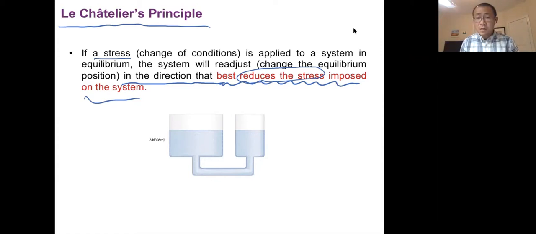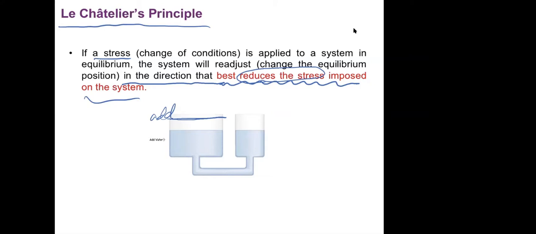Let's say, guys, if I add water to the left, let's say this is the amount of water I add here. Tell me, what do you think will happen? You don't even need the principle. You know what happens. What will happen, guys? Water in the bigger one will go down and it will level out in the smaller one. Good.